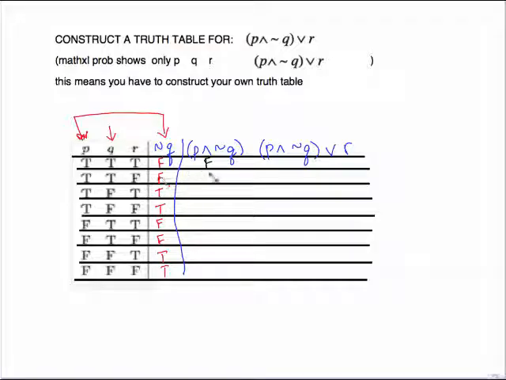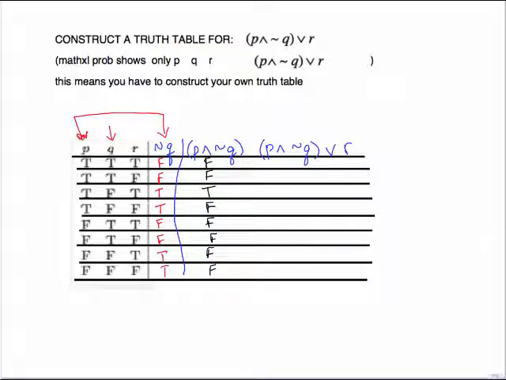True and false is false. True and true is true. Remember, the only time an and statement is true is if both of these things are true. So true and false will be false. False and true will be false. False and false will be false. False and true will be false. False and false will be false.